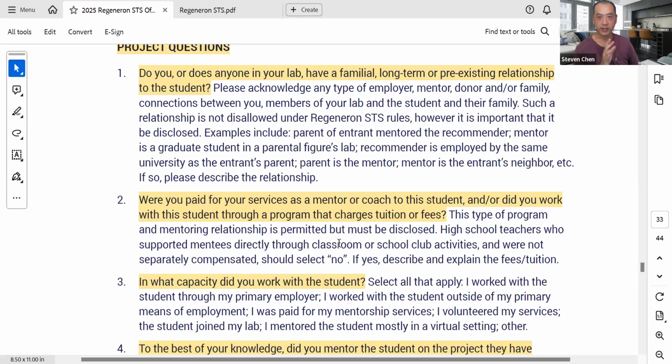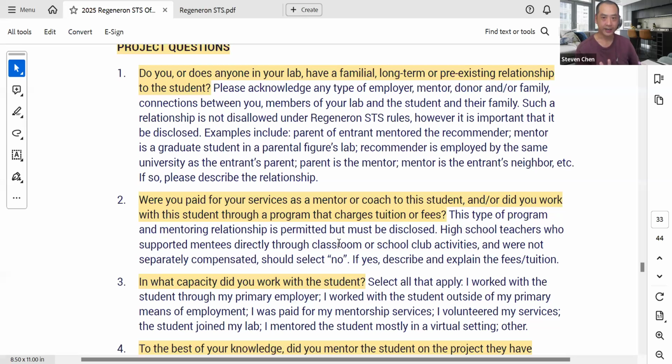You'll see that there are quite a few questions asked both of your project recommender and of the applicants. You need to make sure that the applicant's response and your mentor's response to the same question are consistent. Is that clear? They should be consistent.